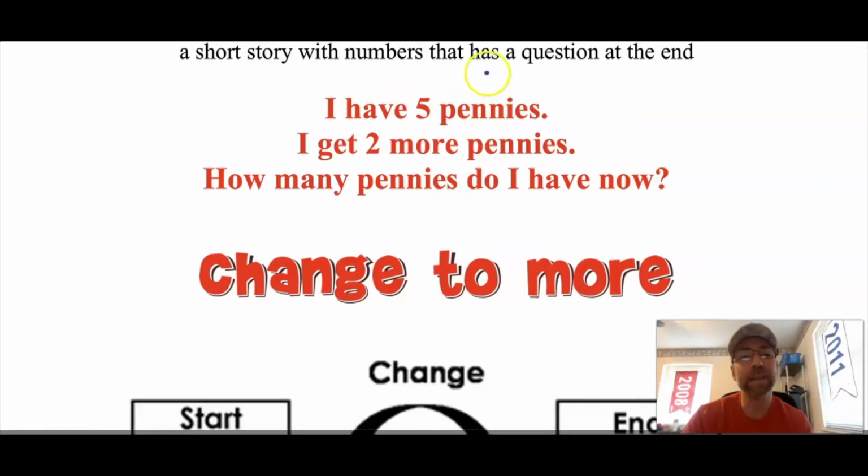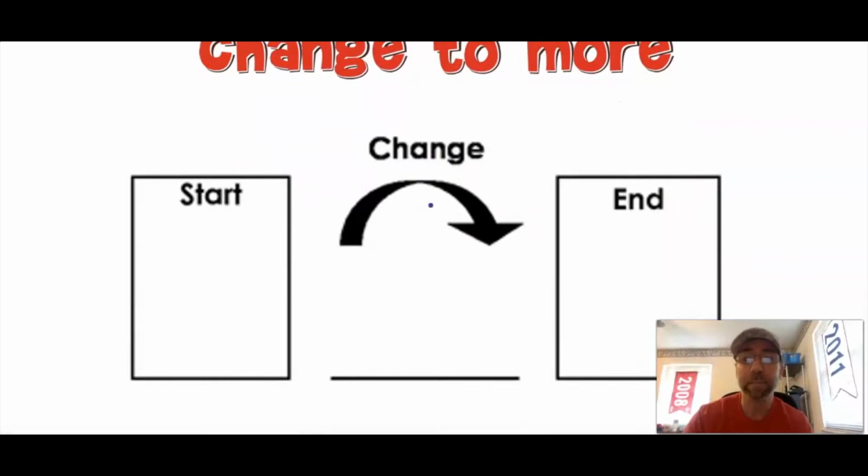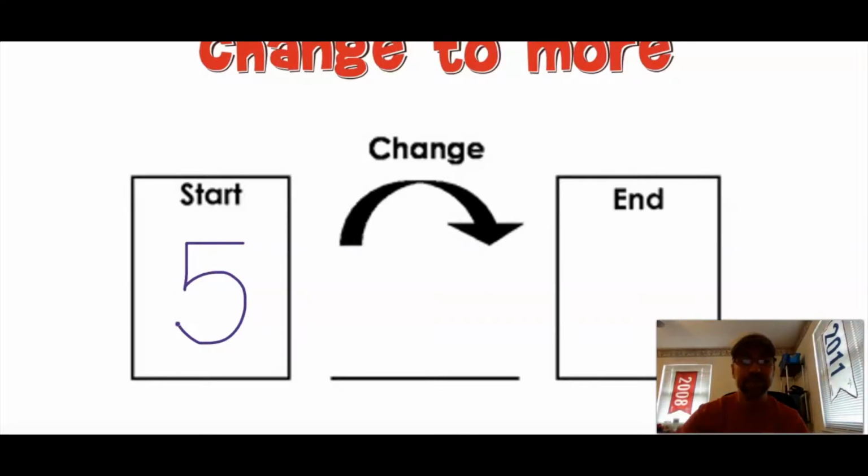I'm going to write the number 5 in my start box found in my diagram. So there you can see I have the number 5. That's where my story starts. I have 5 pennies, so you're going to want to write the 5 in your start box also.